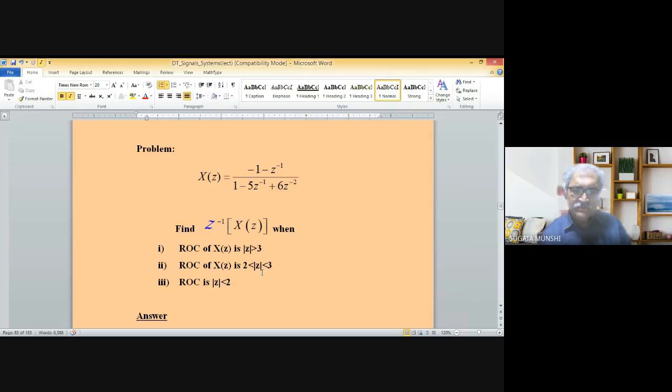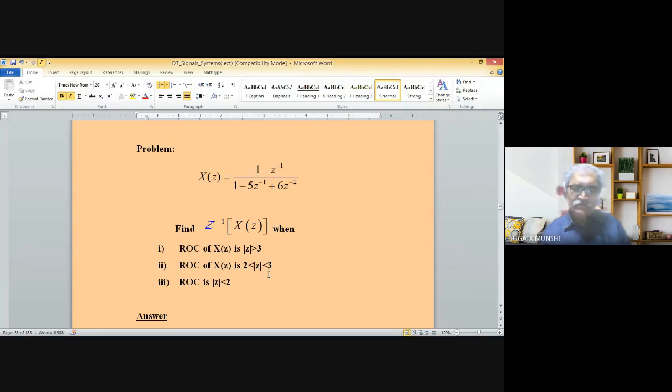Second possible ROC is magnitude of z less than 2. Here on the boundary only one pole lies, at z equal to 2, and z equal to 3 is in the ROD. Third possibility is a ring-shaped region, magnitude of z greater than 2 and less than 3. And here both the poles, z equal to 2 and z equal to 3, lie on the ROC and ROD boundaries.